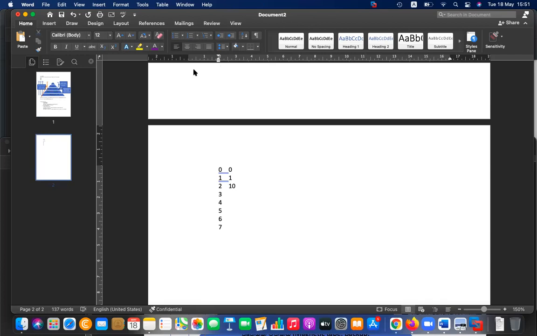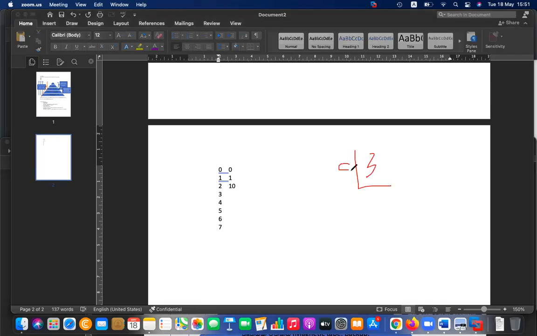Okay, the thing is that we forgot everything, it seems, right? 3 divided by 2 is 1 remainder 1. Then what is the value? It's 1 1, no? Right? 3 means 1 1.